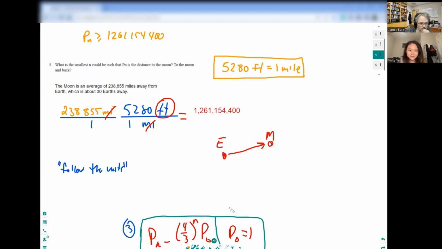Wait, why is it greater than or equal to? Well, we can overshoot it, but if I want to make sure that I actually do hit it without overshooting it at all, we can definitely do an equality if you wanted to.